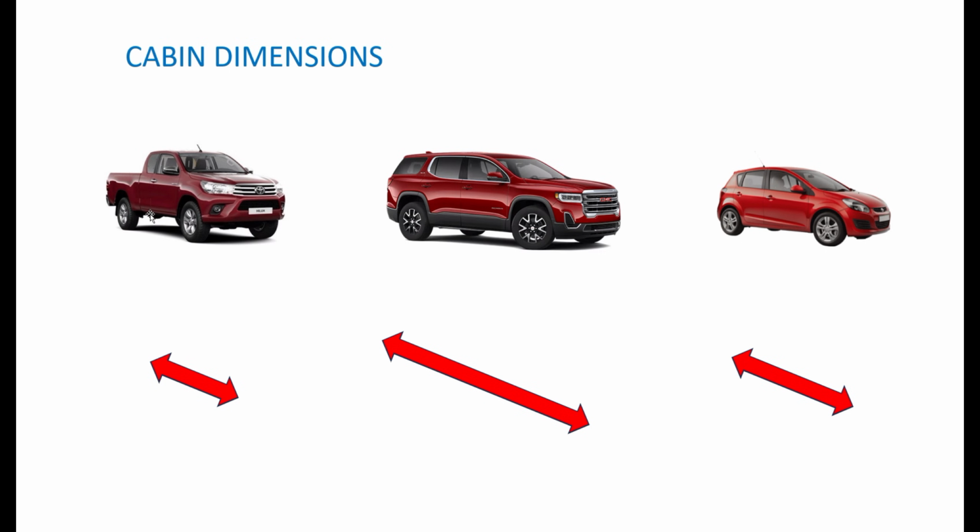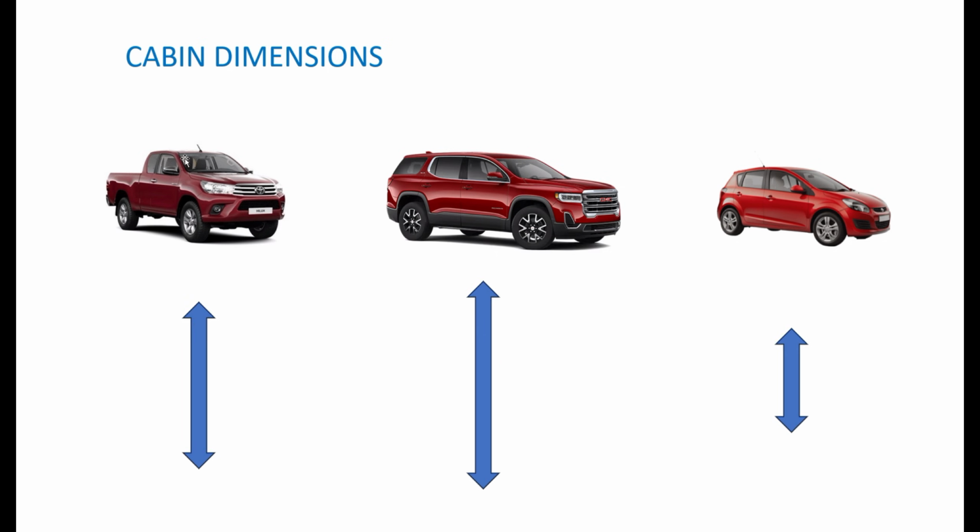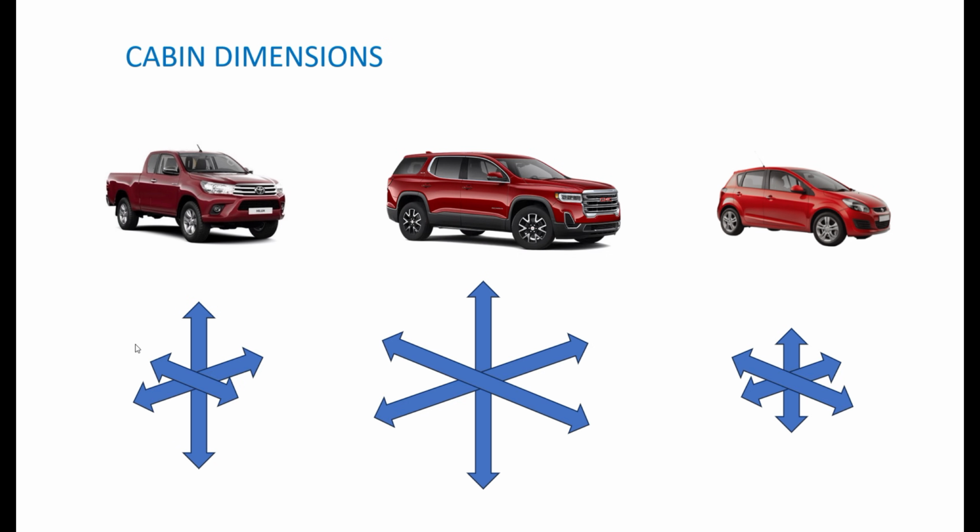But you can see that each car has a different cabin length, and of course, depending on the size of the car, they also have a different cabin width and a cabin height from the headliner to the floor. Once again, these will all differ, smaller in the small cars and larger in the larger cars. But when you sort of add them all up, each car will have its unique combination of length, width and height to give it a specific volume, right?